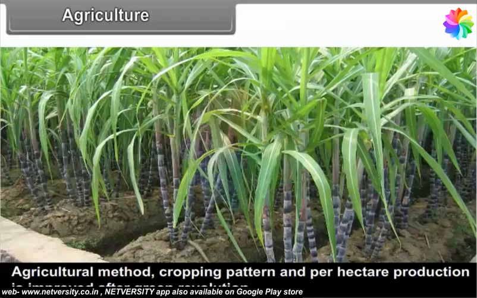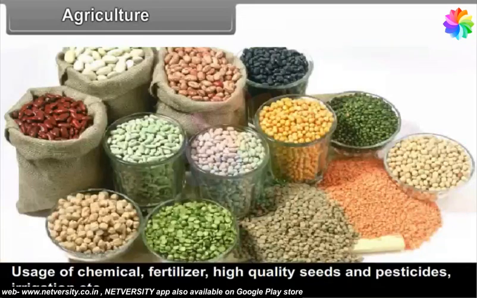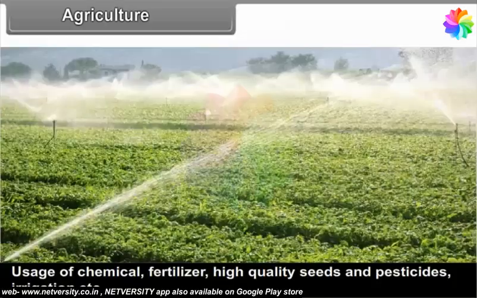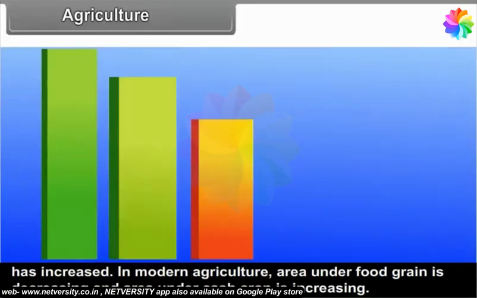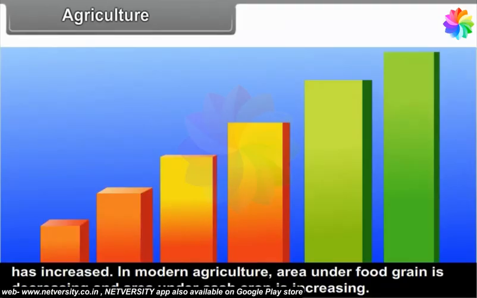Agricultural method, cropping pattern and per hectare production is improved after the Green Revolution. Usage of chemical fertilizer, high quality seeds and pesticides, irrigation, etc. has increased. In modern agriculture, area under food grain is decreasing and area under cash crop is increasing.